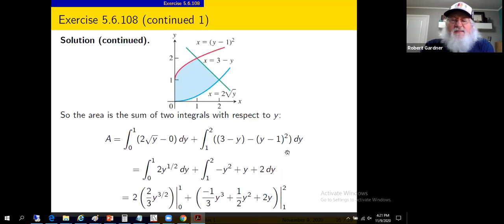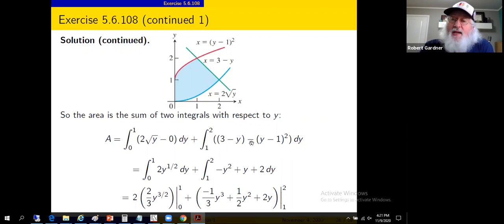Let's maybe simplify first. Let's take the square root of y and write it as y to the 1/2. So we got a power of y. You know how to deal with that. Let's multiply this out. I could integrate it as is. Let's do a little algebra and save ourselves some calculus in a second. This multiplies out to, forget the negative sign for a second, that'd be y squared minus 2y plus 1.